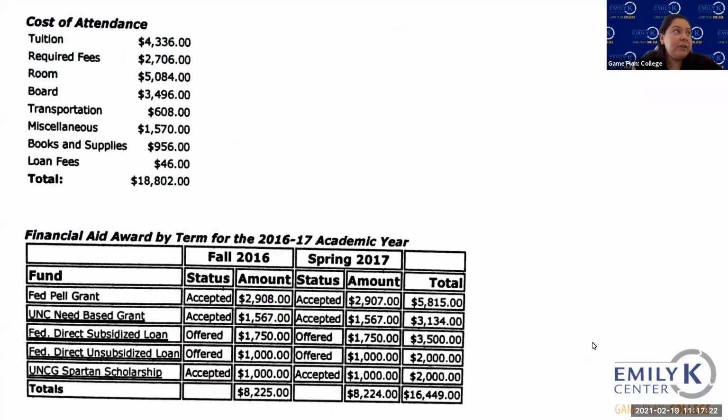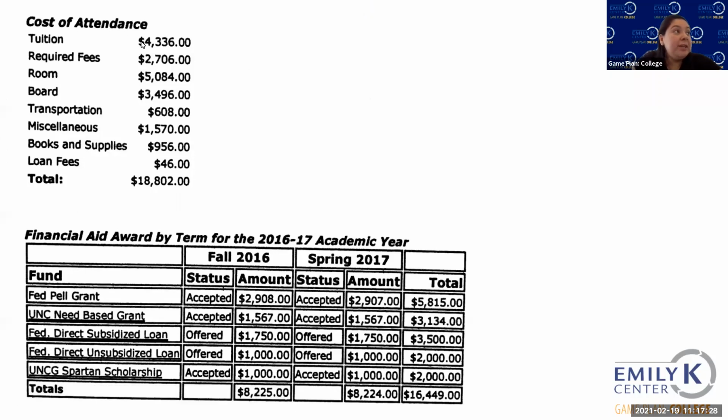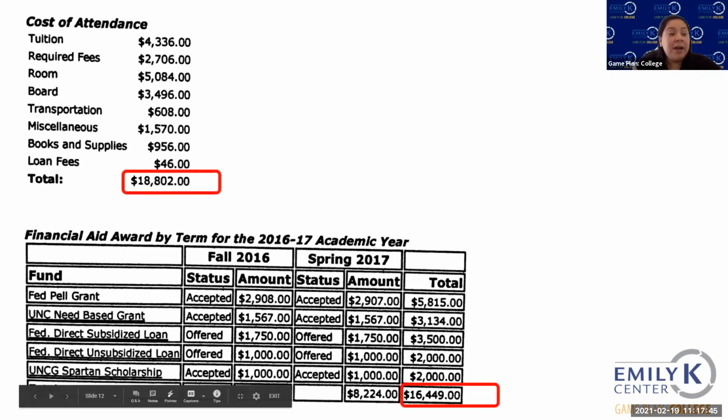Here is another example. This school also provided the cost of attendance, which was nice. They even provided the breakdown of how much tuition is, fees, room and board, transportation estimates, miscellaneous cost estimates, books and supplies, etc. The total cost is $18,802, and I'm receiving $16,449 in financial aid.